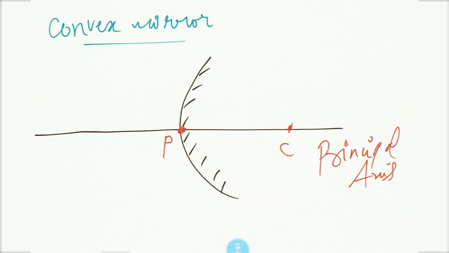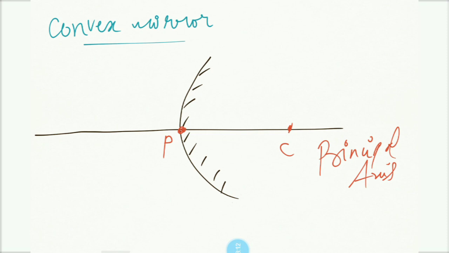The center of curvature definition I already explained to you. Next, the radius of curvature, same thing. From the pole to the center of curvature, that distance is the radius of curvature. Nothing new. You have already seen it in the concave mirror. Next, let's see the principal focus.